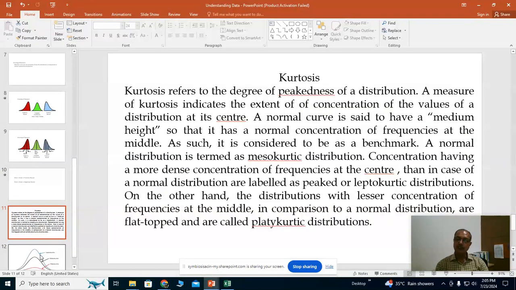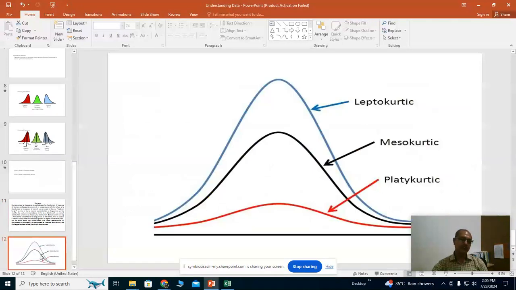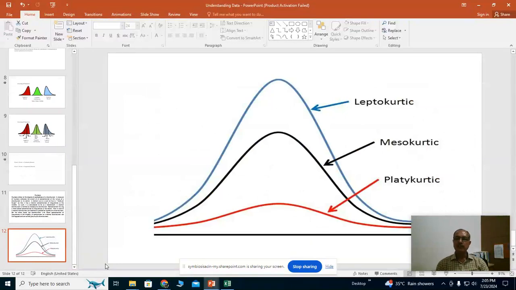Another characteristic of the data is kurtosis. In kurtosis, we are measuring the peakedness of the data. I will show you the picture here so that you can understand. Mesokurtic is the normal distribution, so it is known as normally distributed data.